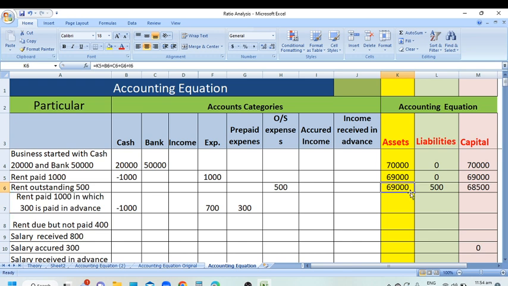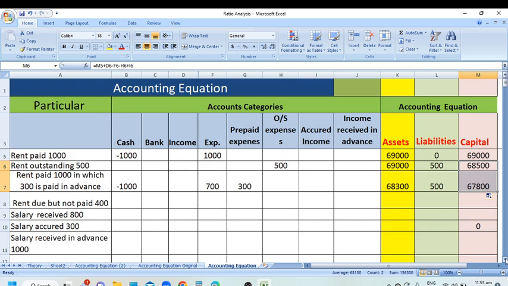When you put 1,000 there, it will affect there definitely, and when you put 300 here, it will affect there as well. So net effect is 700 here, right? And there is no liability because there is no outstanding expenses, but the capital will be affected by expenses, so it will be affected by 700, not the 300, because 300 is asset.